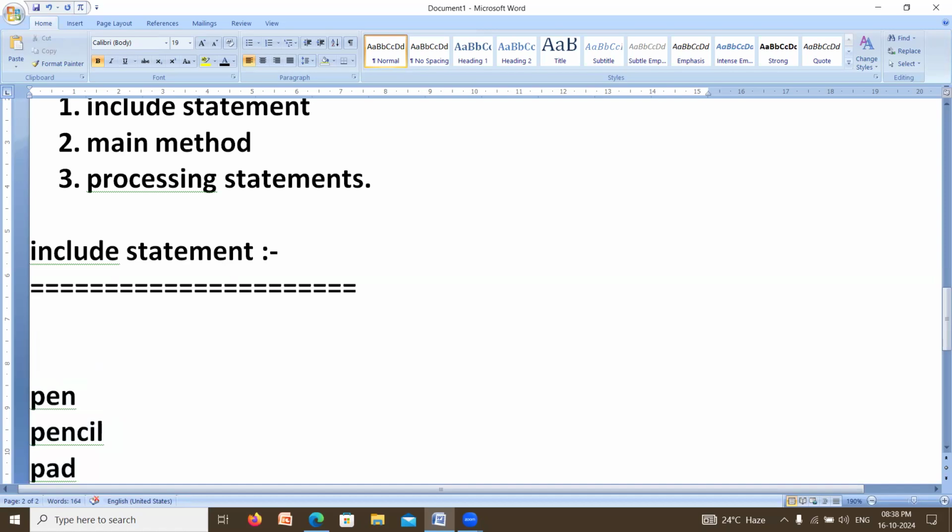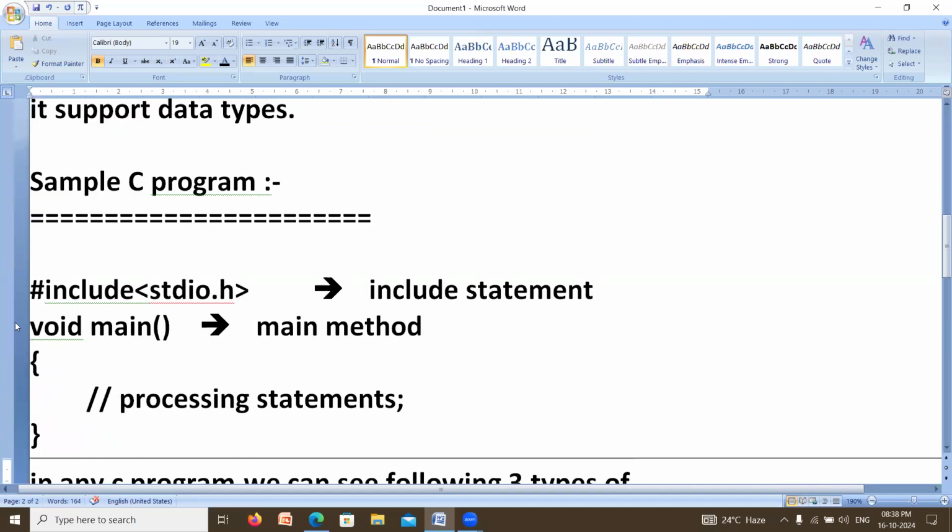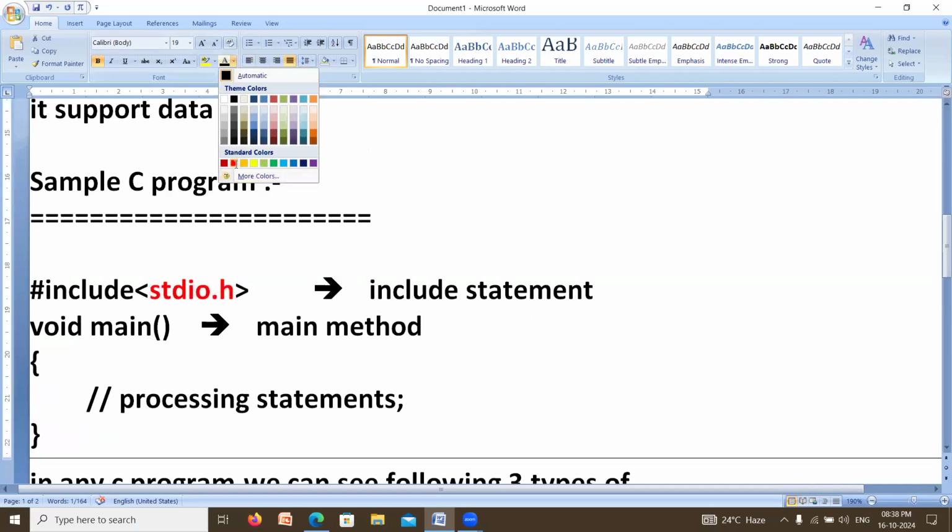In the same manner, now we are going to write a C program, means you are going to build an application. To build that application, we require so many tools. Those tools are already developed and kept in this file. stdio.h is a file which contains so many tools, required to build our application easily.